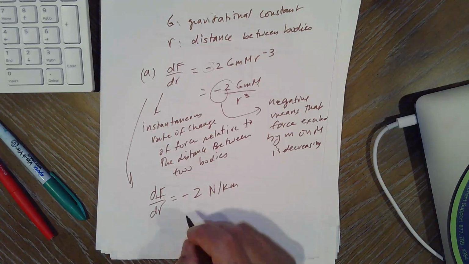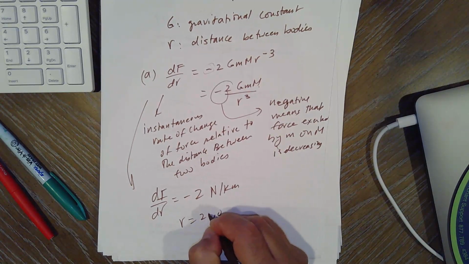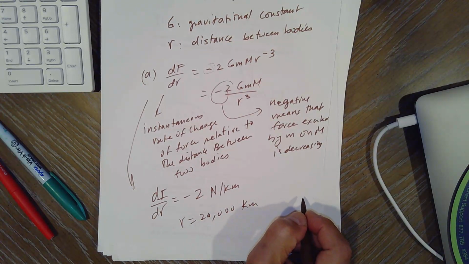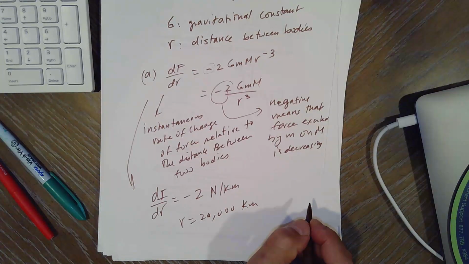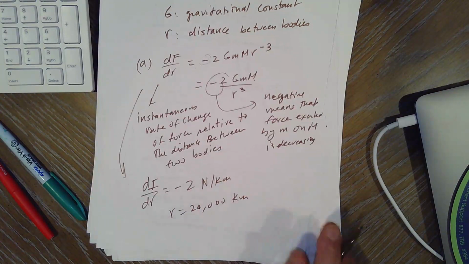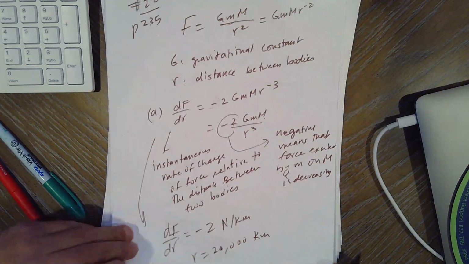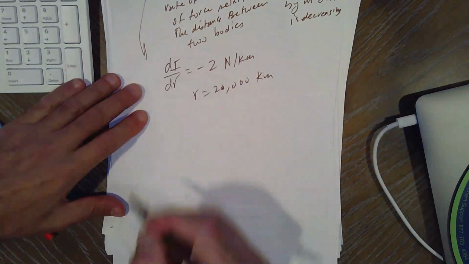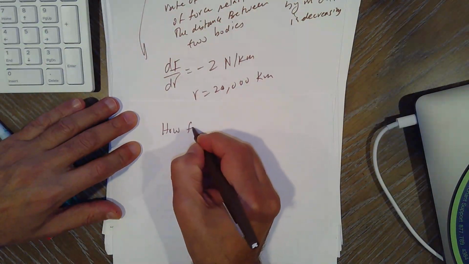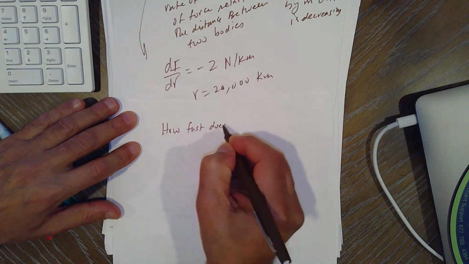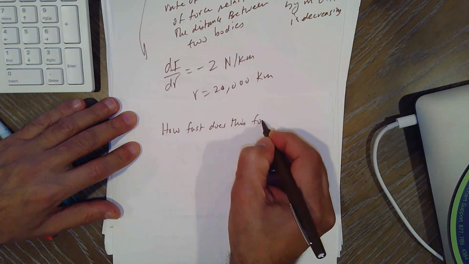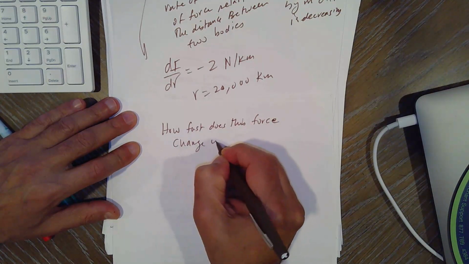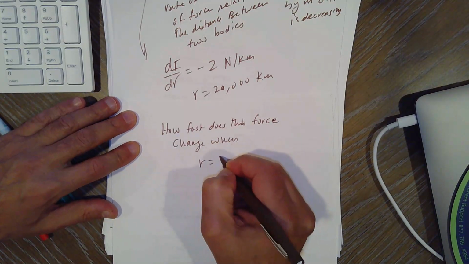When r is 20,000 kilometers, the distance between the two bodies, how fast does this force change when r is 10,000?